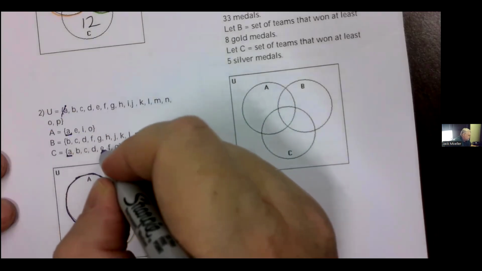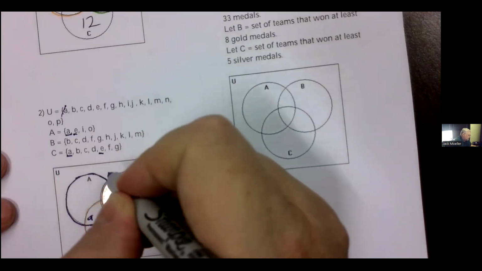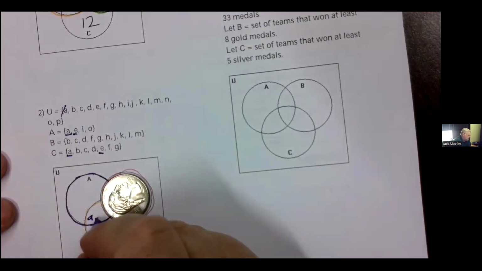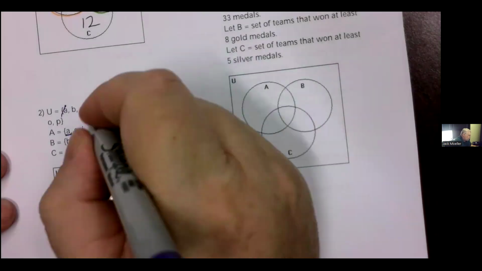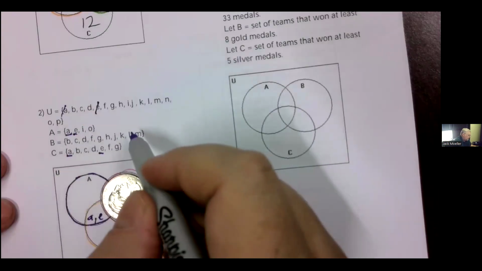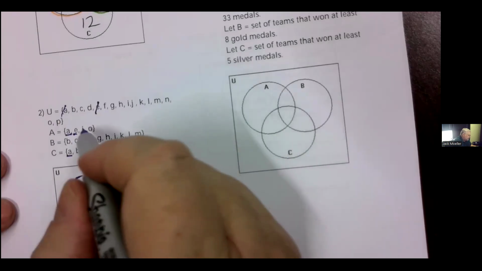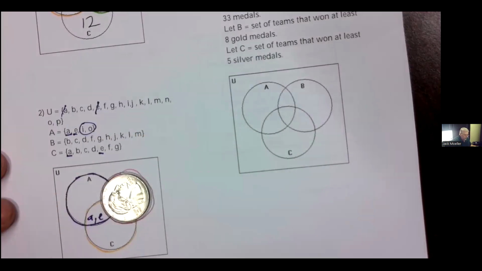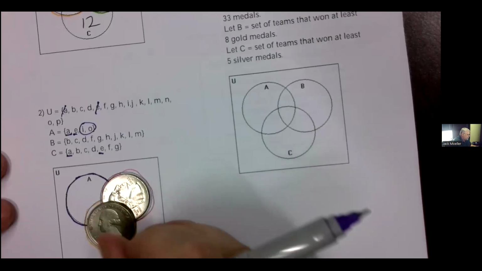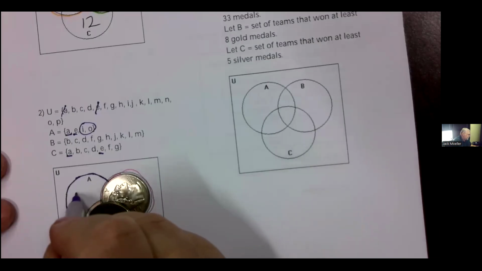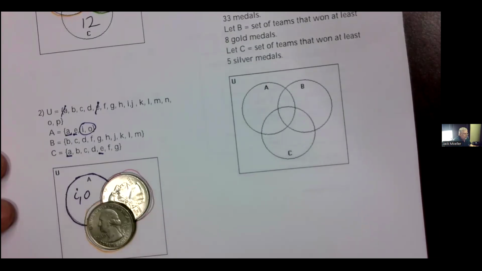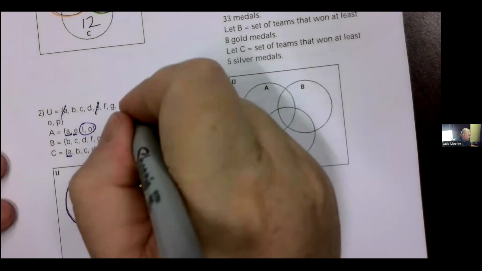E, well, E is also in C, but not B. So E goes there. And then I and O are in nothing else. They're only in A. And so where is the only in A? Well, not in B, not in C. So I and O go out there, only in A.